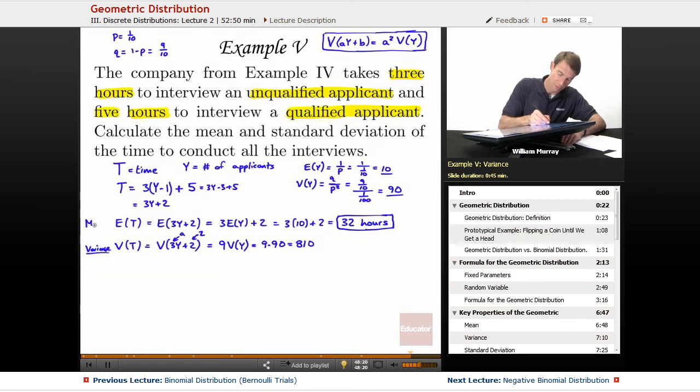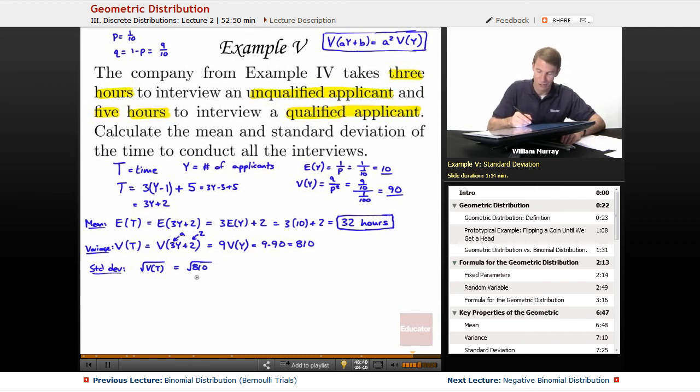We're trying to find the standard deviation. So this was variance. This was the mean that we found up above here. And now what I really want is the standard deviation. The standard deviation is the square root of the variance of T, which is the square root of 810.